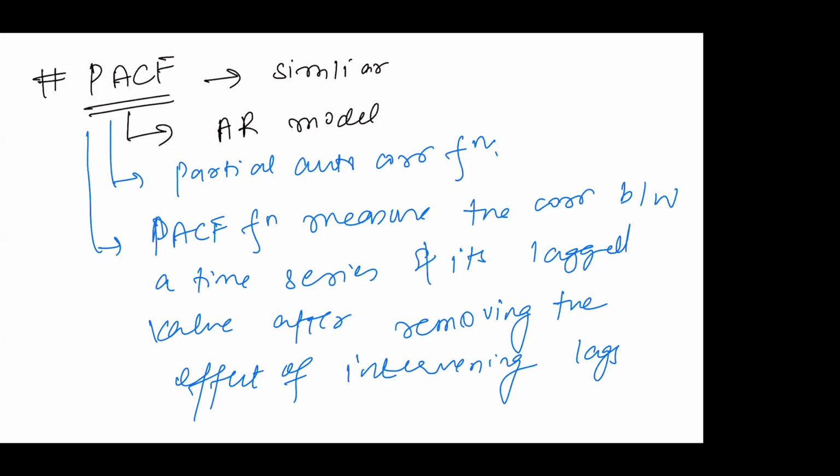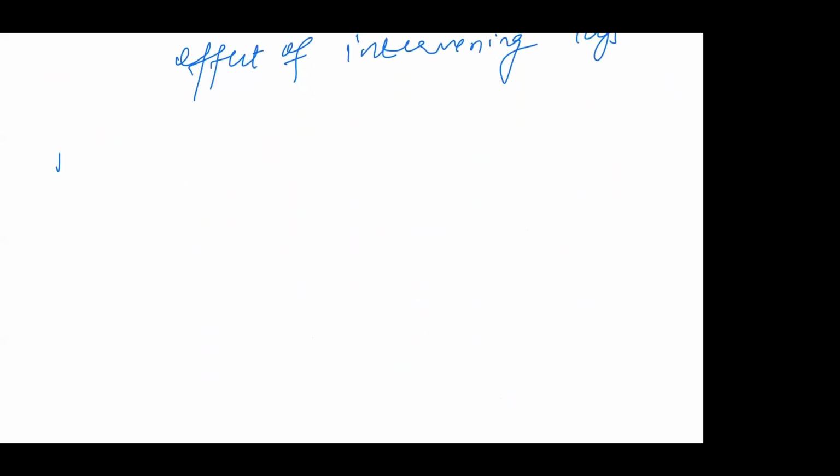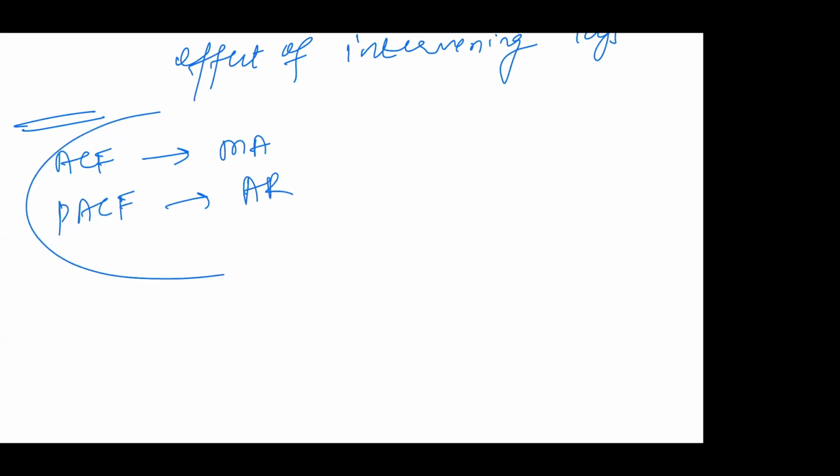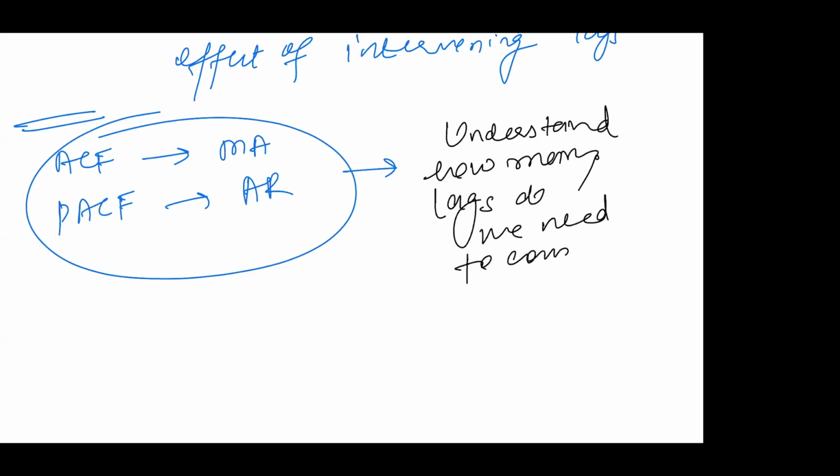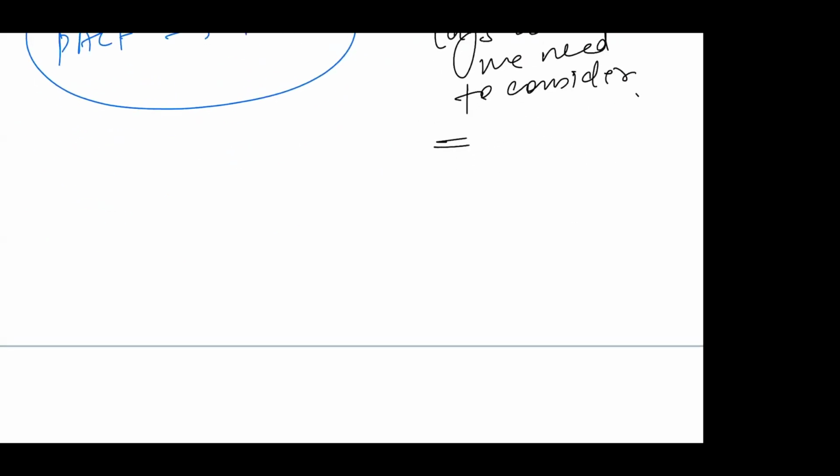Again, to summarize, ACF is used for the MA model, PACF is used for the AR model. Why do we use this? To understand how many lags we need to consider. I hope you understand this.